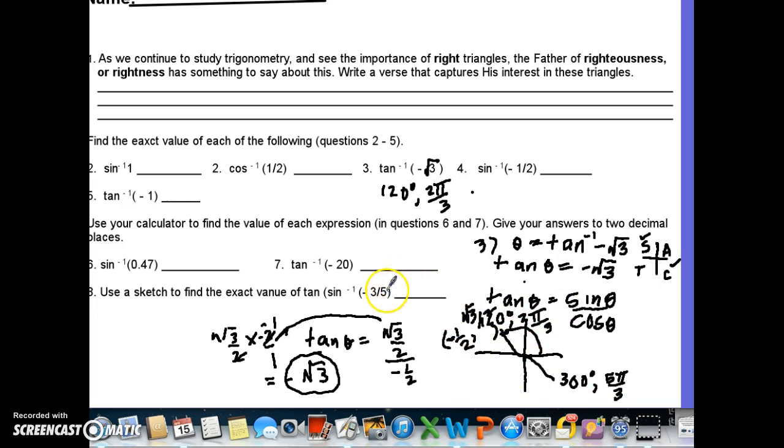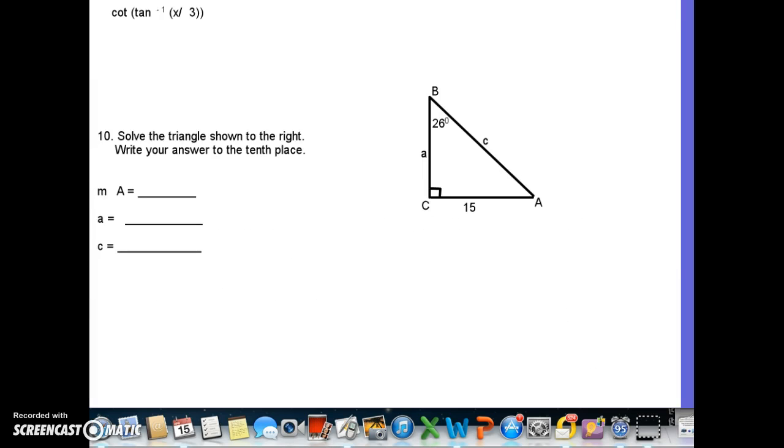So what's next? Here I got one that I didn't finish. I started this one on the last video. I didn't finish it, so let's go ahead and finish this one. Is this the one? Let me take a look. I think that might have been the one.